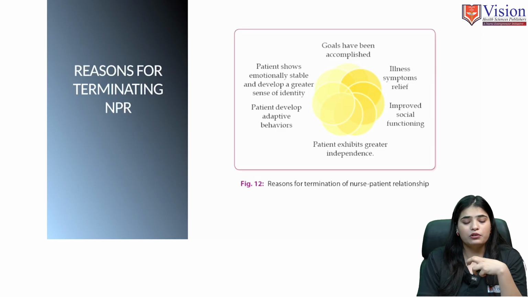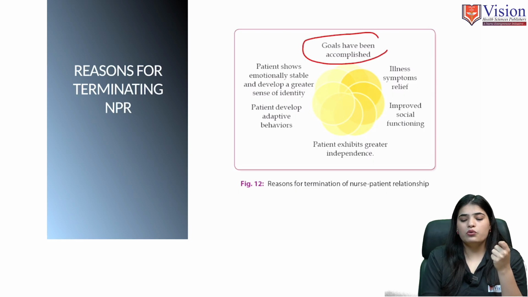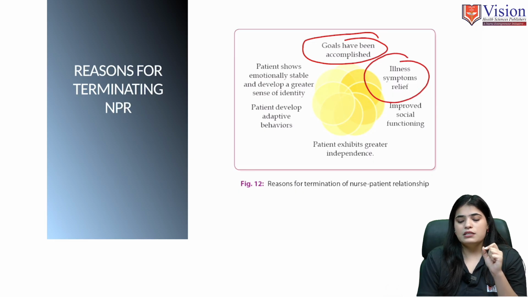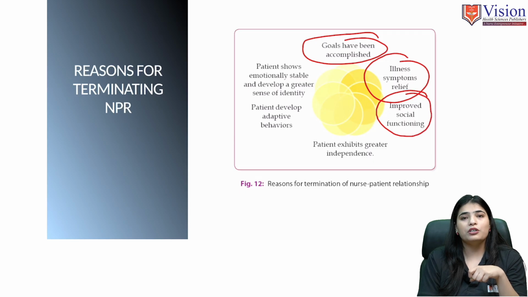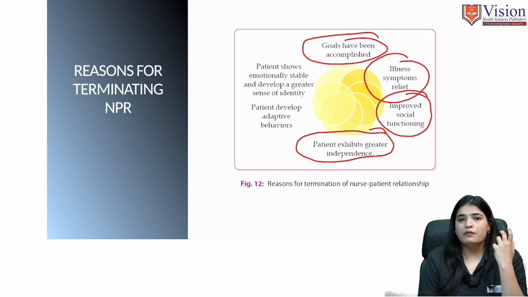So why do we have to terminate the NPR? What is the reason? First one is goals have been accomplished. We have achieved what we wanted to achieve. Illness symptoms are relieved. Social functioning of the patient is improved, and the patient is exhibiting greater independence. The patient is able to perform his daily activities properly.